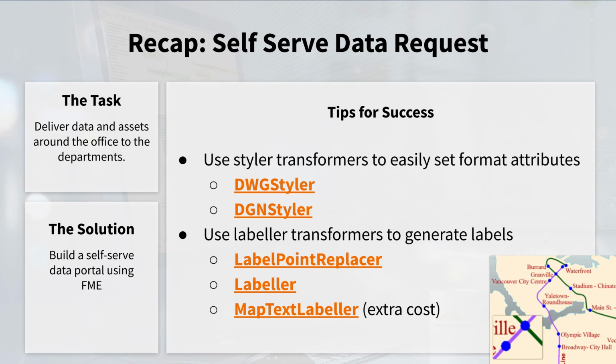The other options were to use the external PRJ or internal native. Some of the transformers highlighted here are the DWG and DGN stylers, so it's not just AutoCAD, we also support MicroStation files. And some other useful tools are the labeler or label point replacer and the map text labeler.